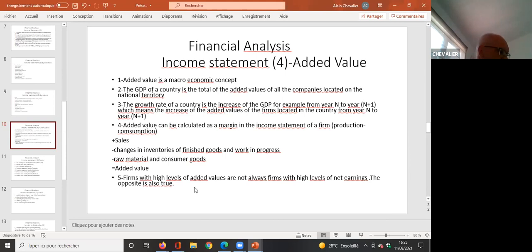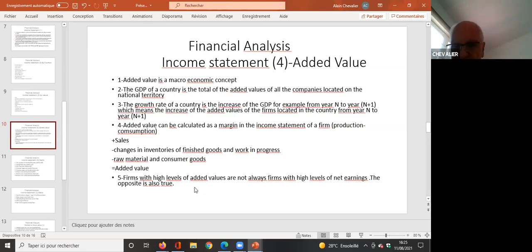If you have a look at consulting firms, for example, they have high added value. Why? Because generally inventories are very limited or close to zero.